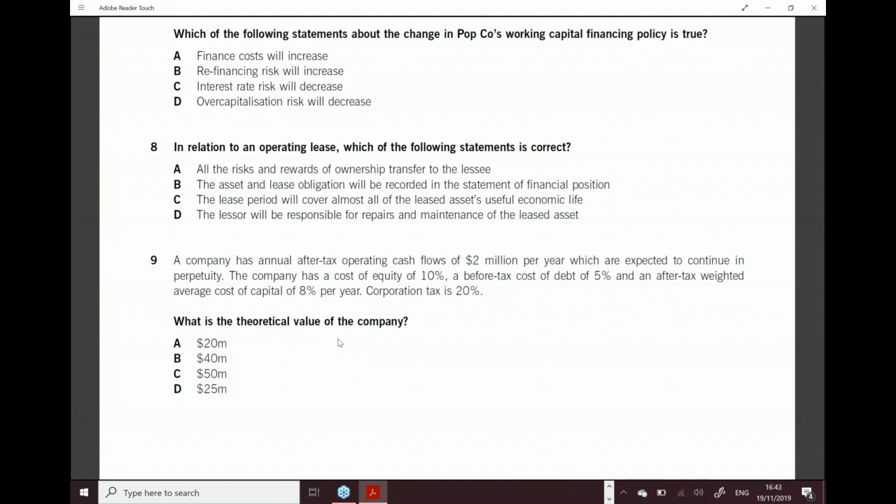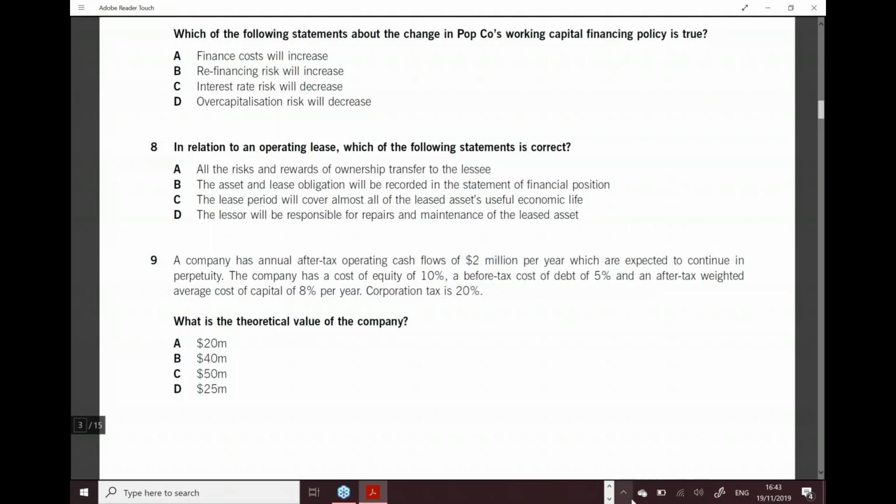Since it's a perpetuity, we can simply take the value and divide it by r. So what I should be taking is the post-tax operating cash flow, that's the 2 million, divided by the post-tax WACC. I have the pre-tax cost of debt, and the after-tax weighted average cost of capital is 8%.